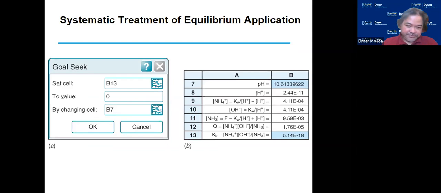Okay, so we're not going to do anything of this for now, but next meeting, when we go to the intermediate pH, we're going to solve that. What I asked you to at least know is how to set up the systematic equation and what you're looking for.